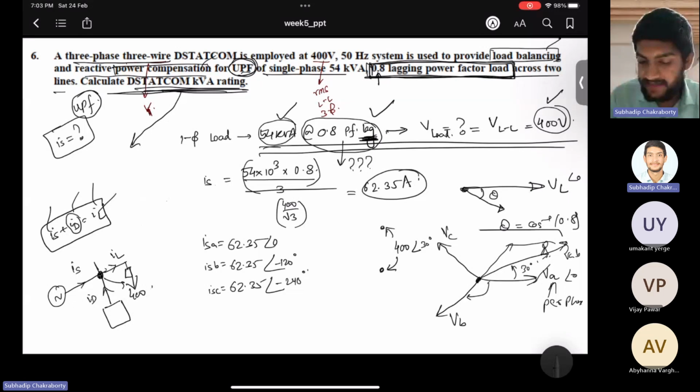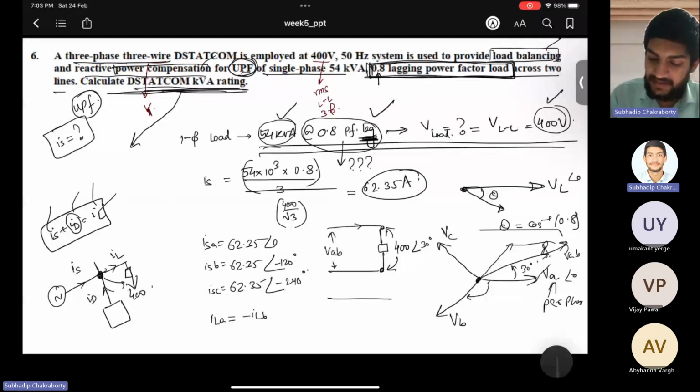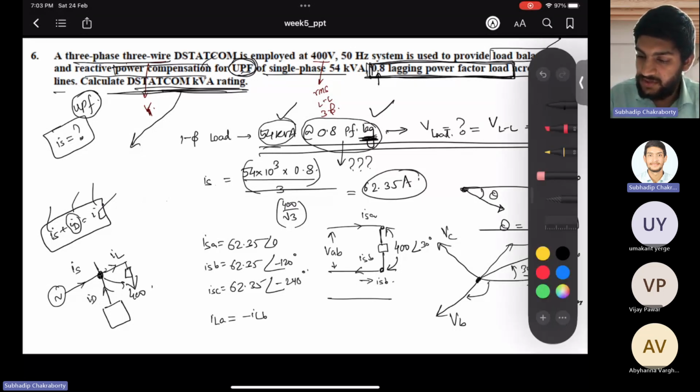Because if you have the load connected like this, where it is VAB, then if some load is connected between these two points, and the remaining third line is not connected, there is no load current in that line. So ILA goes and ISB will be the return path. By general convention we take it like this, so ISB is minus ISA.